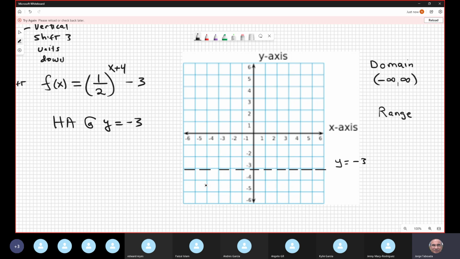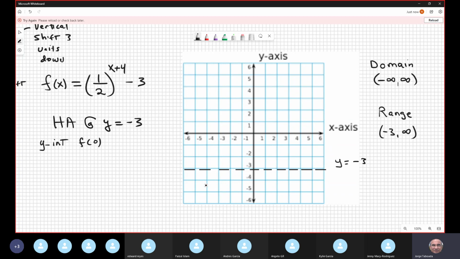But in this case, no, because you subtract 3, so the range is from minus 3 to positive infinity. So we have the exponential in that part, and below the horizontal asymptote we have nothing more. So you have a rough idea. Let's try to find the y-intercept. The y-intercept is evaluating the function at 0.